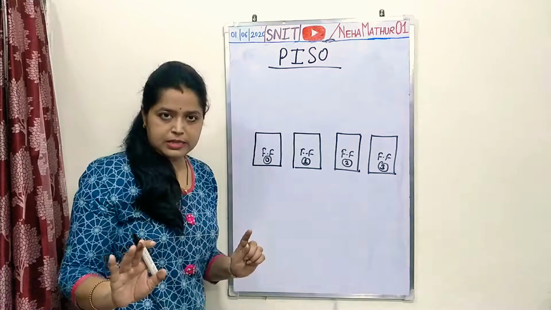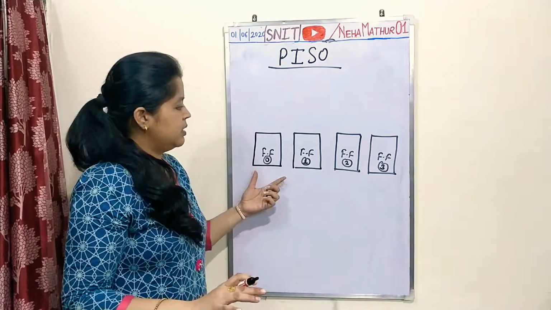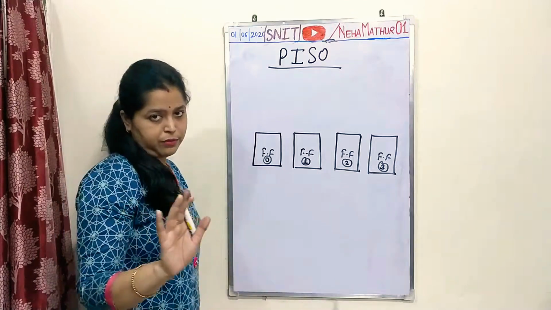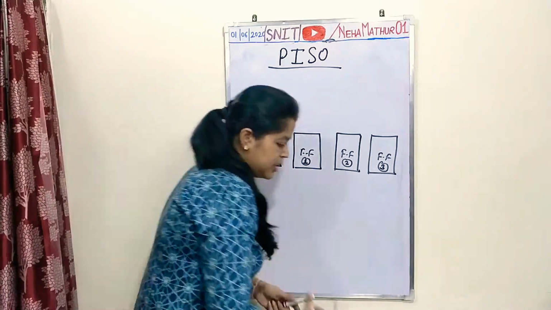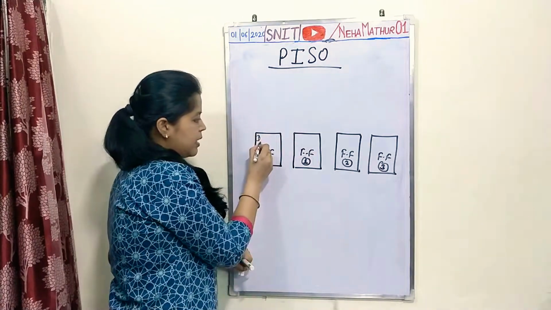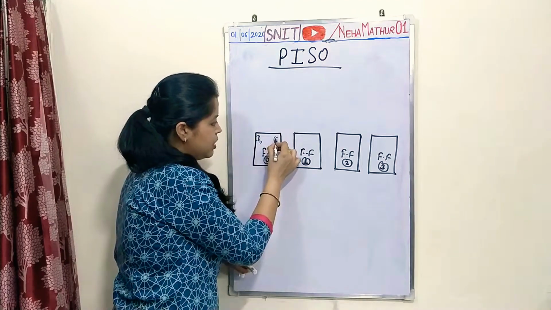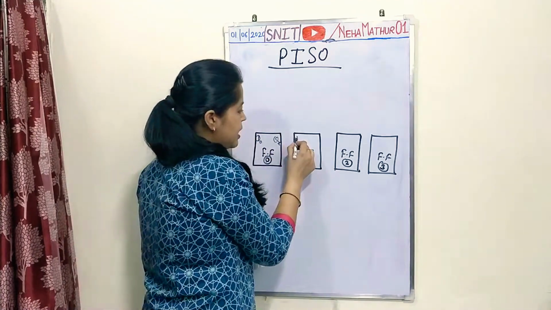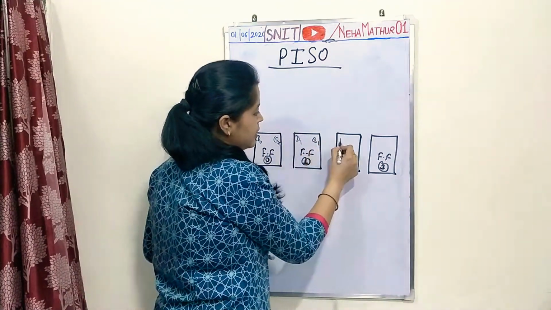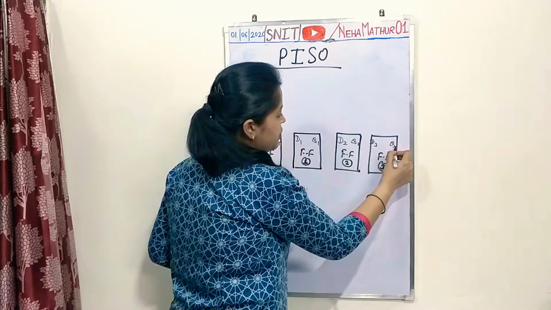This is the general concept, in which you can imagine a combination of 4 D flip-flops. Each is a D flip-flop, that means one input D and one output Q. Since this is flip-flop 0, it will be D0 and Q0. Similarly D1, Q1, D2, Q2, D3 and Q3.